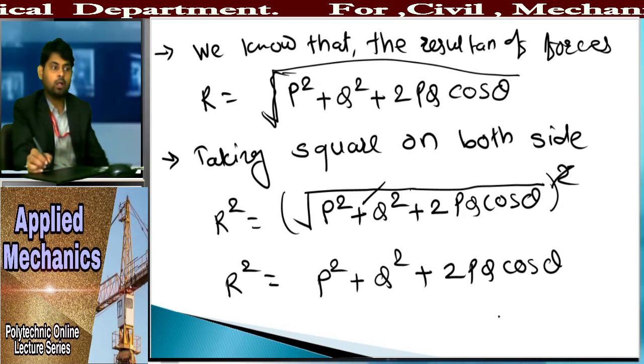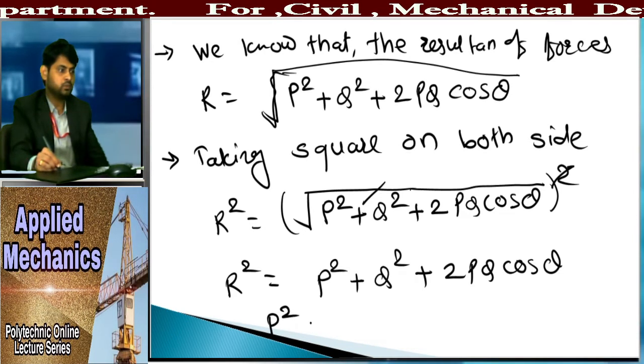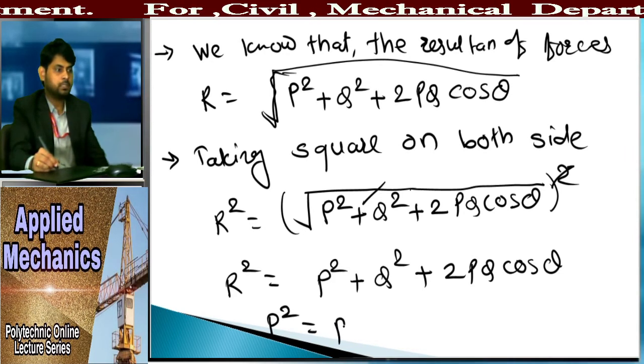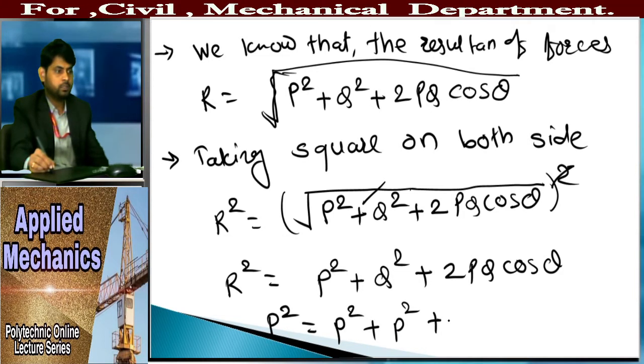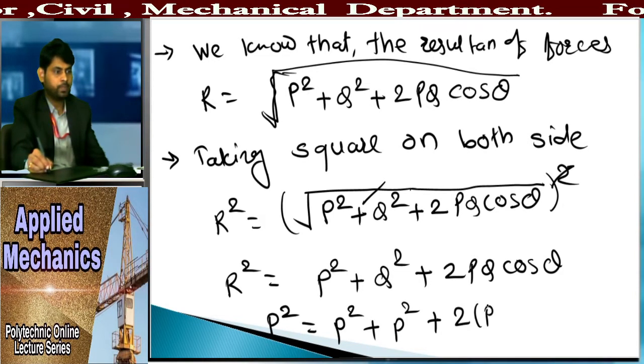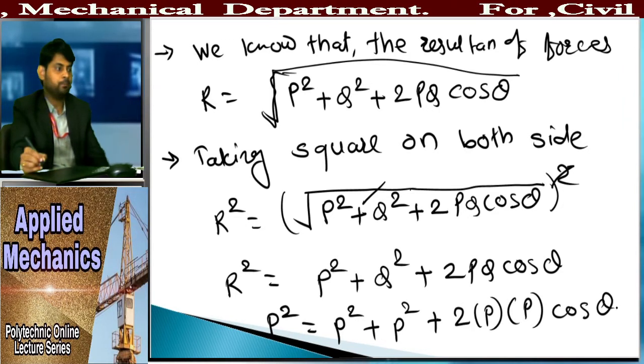Right. Now put all the values. R is nothing but P. So P square is equal to, the value of P is P, the value of Q is P, and cos theta, theta is not given. Right.